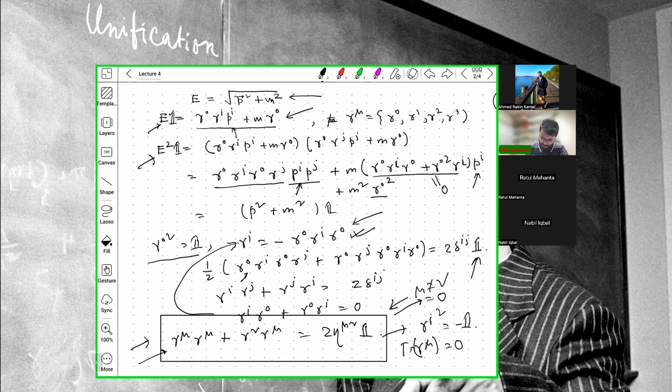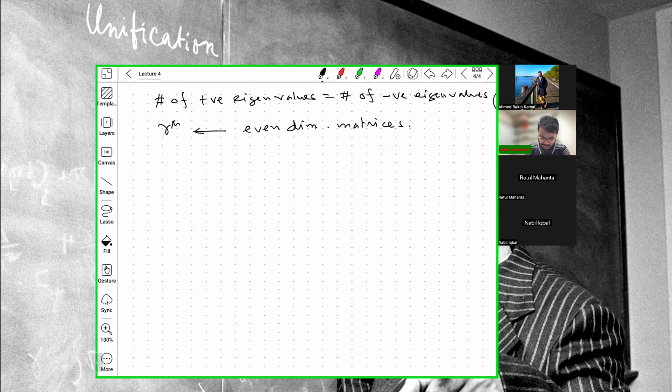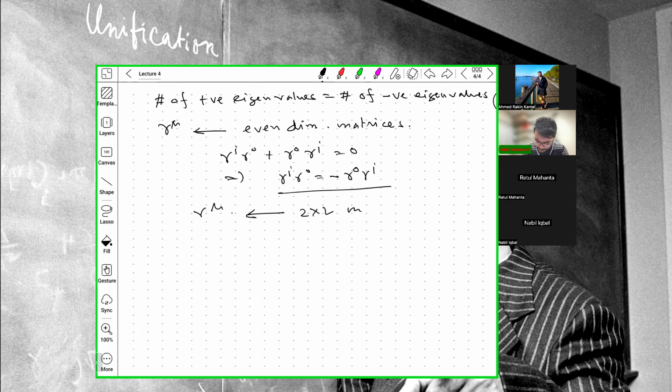So for example, from the relation you can find that gamma I gamma 0 is minus gamma 0 gamma I. So these are the anti-commutations. So in 4 spacetime dimensions, we need 4 anti-commuting matrices gamma mu, which is not possible for 2 by 2 matrices.